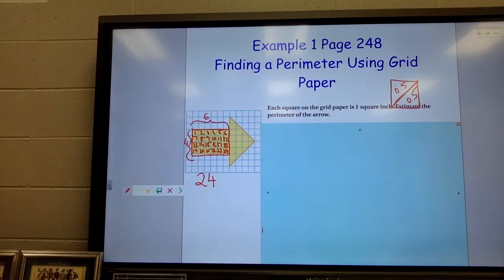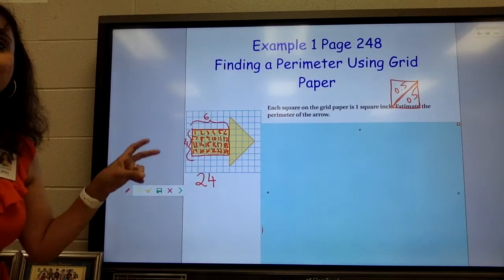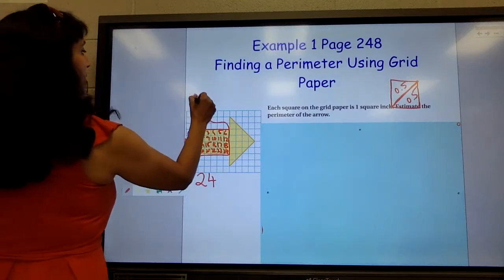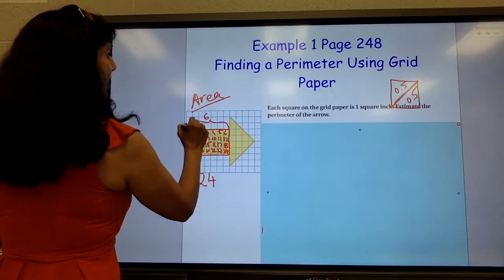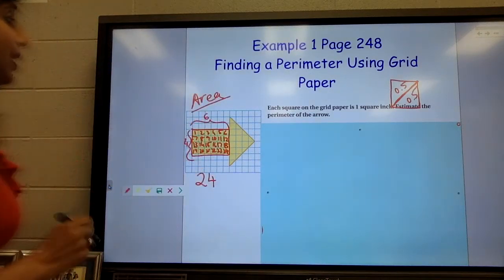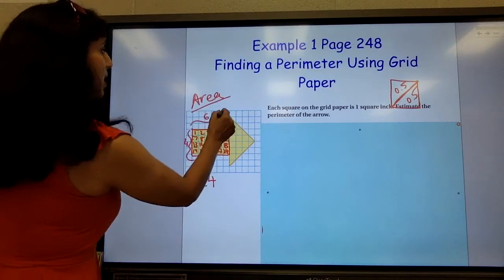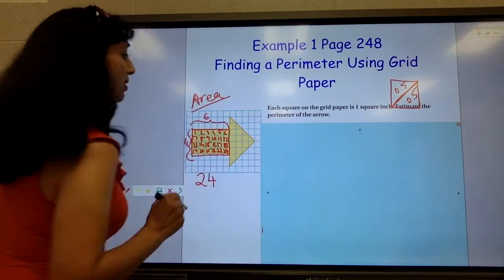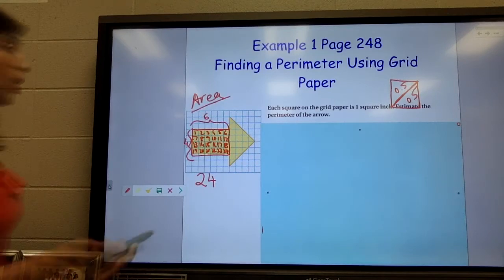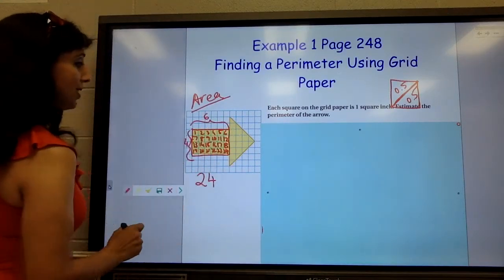Same thing, length times width, or you count the number of square units inside a shape in order to find area. And in this triangle, I could have done base times height divided by 2, or you can count the square units inside.